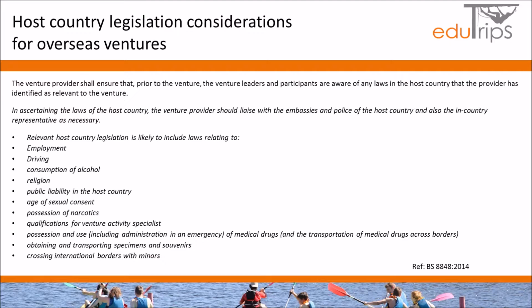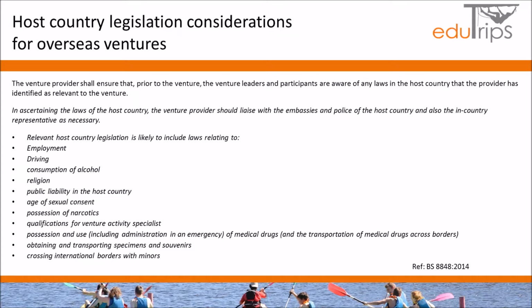Now, the information that you can see on this screen is provided from the British Standard BS 8848, which is the British standard for organising trips safely overseas. And it's recommended that schools and colleges ascertain the laws of the host country and the venture provider.